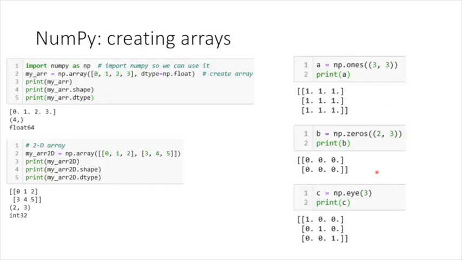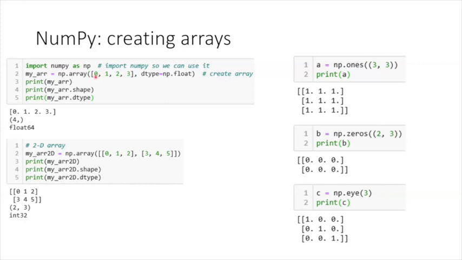Okay. So for NumPy, let's start with the basics. How do you create an array? First, you need to import NumPy. So we're going to import this package. Next, we can create this array. There are multiple ways to do this, and I'll go over a few of them.